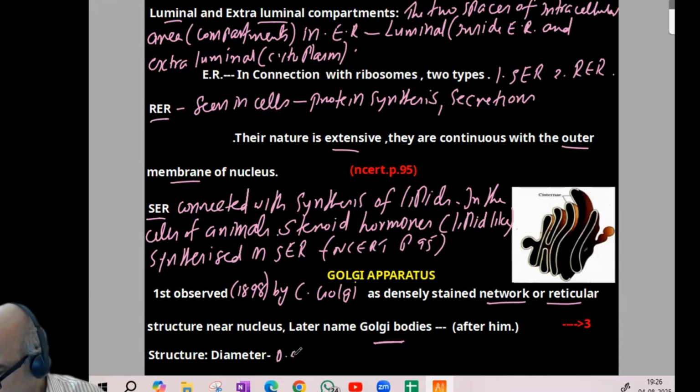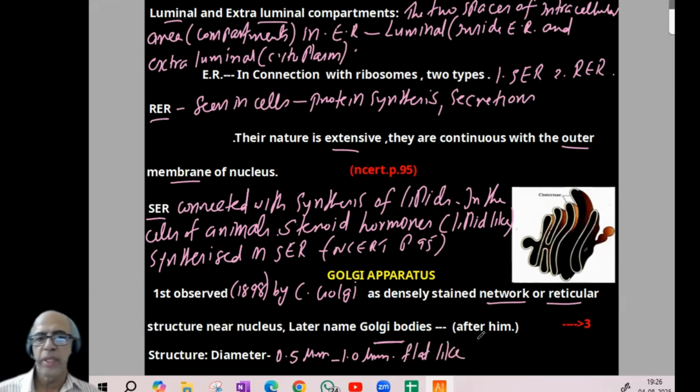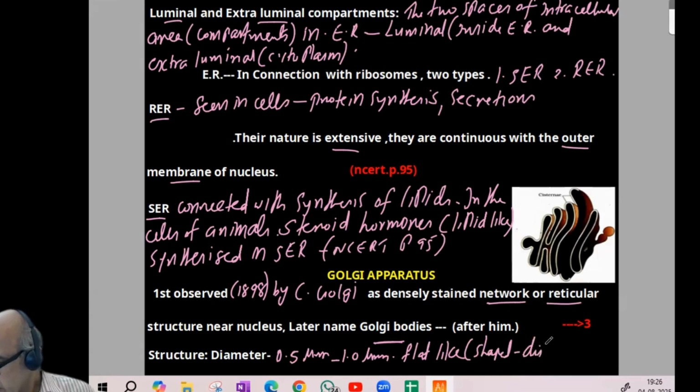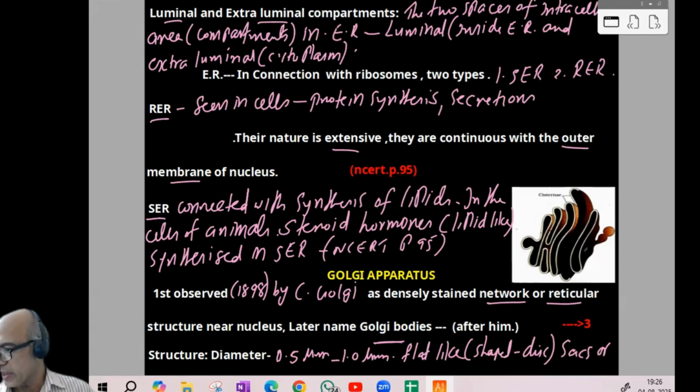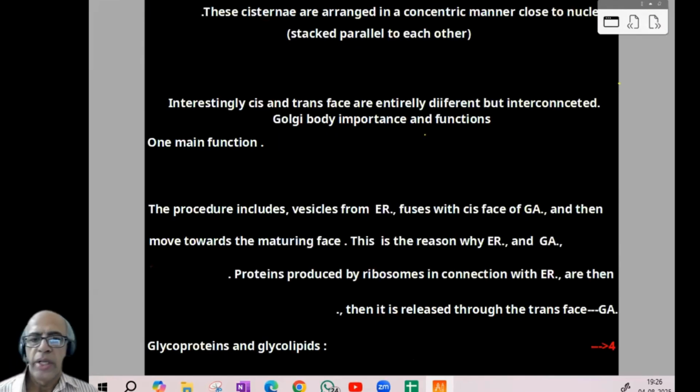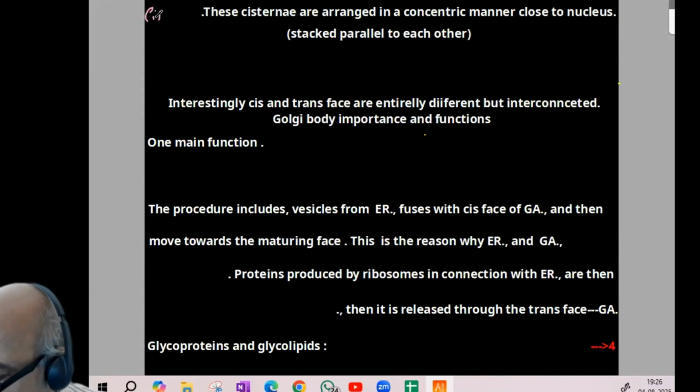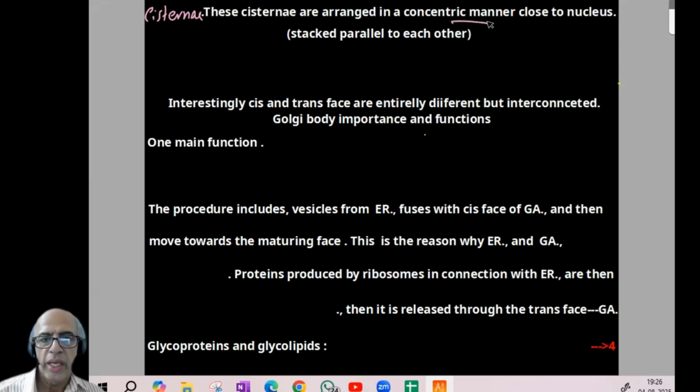Diameter is 0.5 µm to 1 µm with many flat, disc-shaped sacs, which we call cisternae.